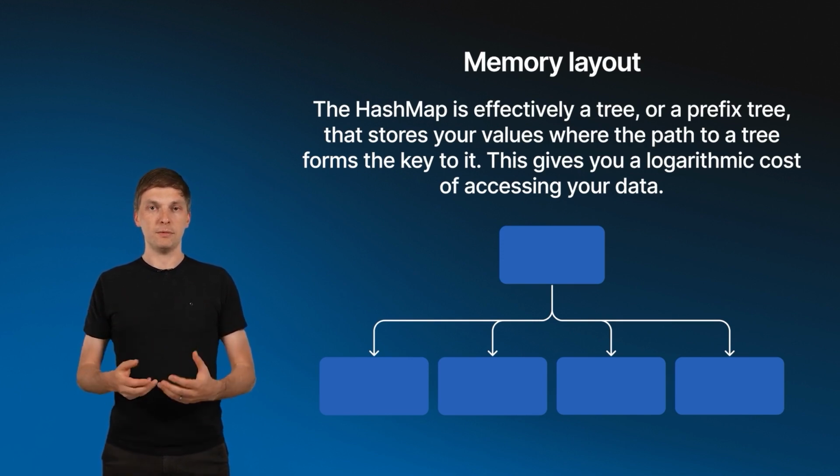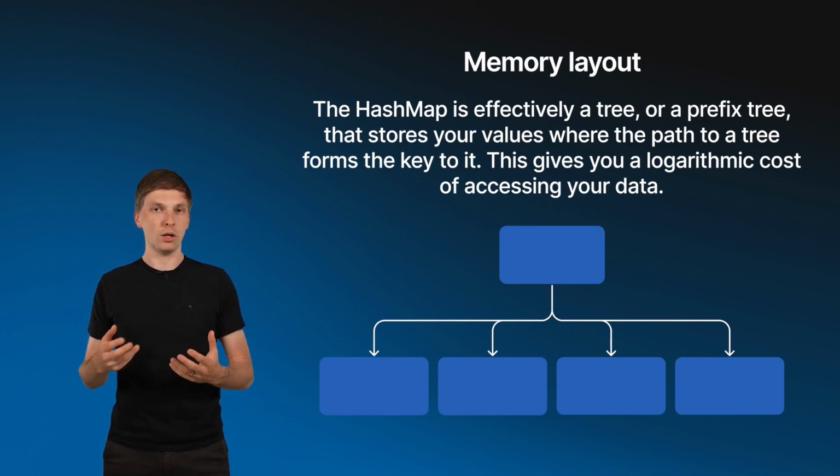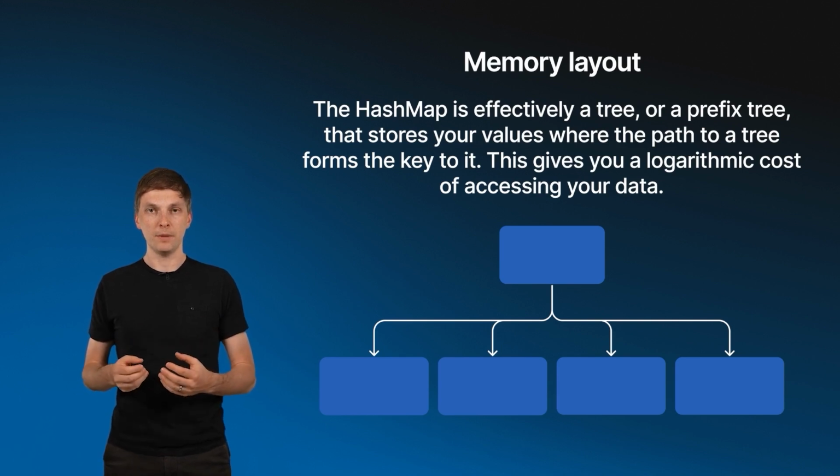So the hash map is effectively a prefix tree that stores your values where the path in the tree forms the key to it. This gives you a logarithmic cost of accessing your data, and the built-in tools in the TVM give you a usable interface to iterate over all of this data or do insertions and deletions to that data.